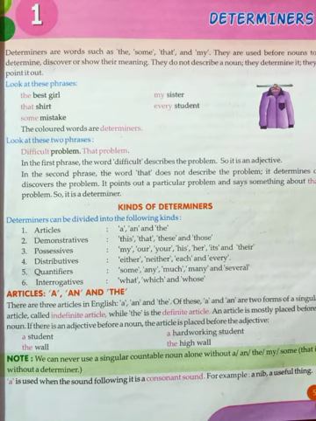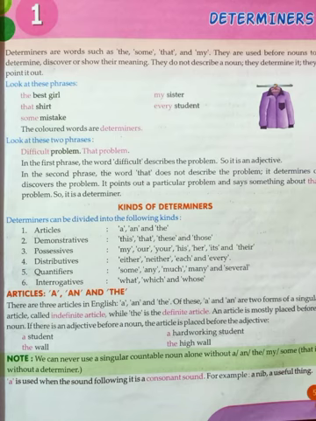There are certain rules which you have to keep in mind before using these articles as determiners. Now, a and an are forms of the singular article, and it is called the indefinite article. Whereas the word the is called the definite article.